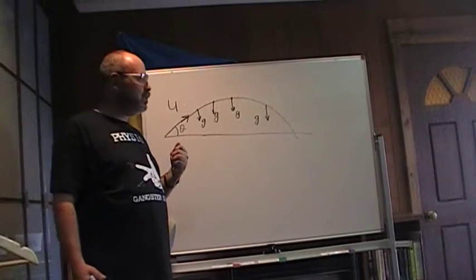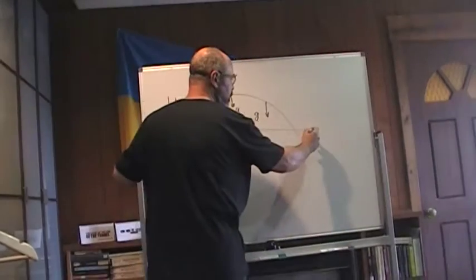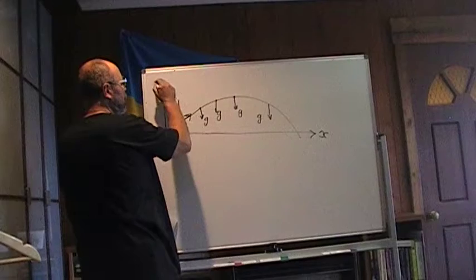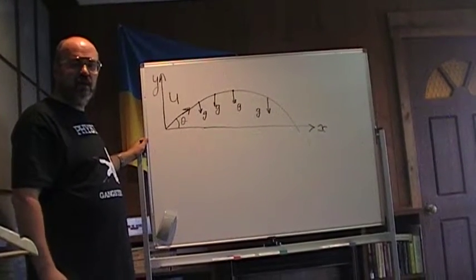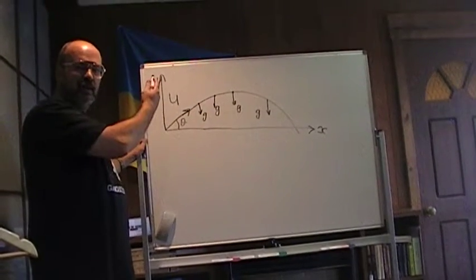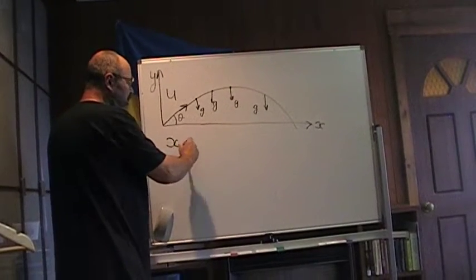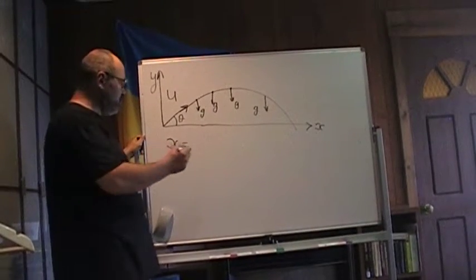But in the vertical direction we'll have motion with a uniform acceleration. To solve such problems, let's choose axes, x horizontally and y vertically, and write down the equations of motion in the x direction and in the y direction. In the x direction there is motion with a constant velocity, no forces acting horizontally.